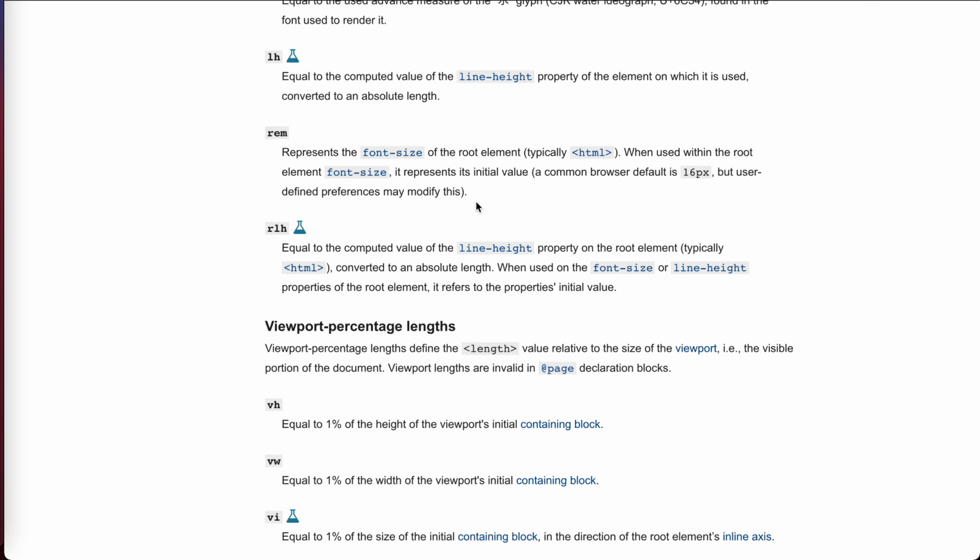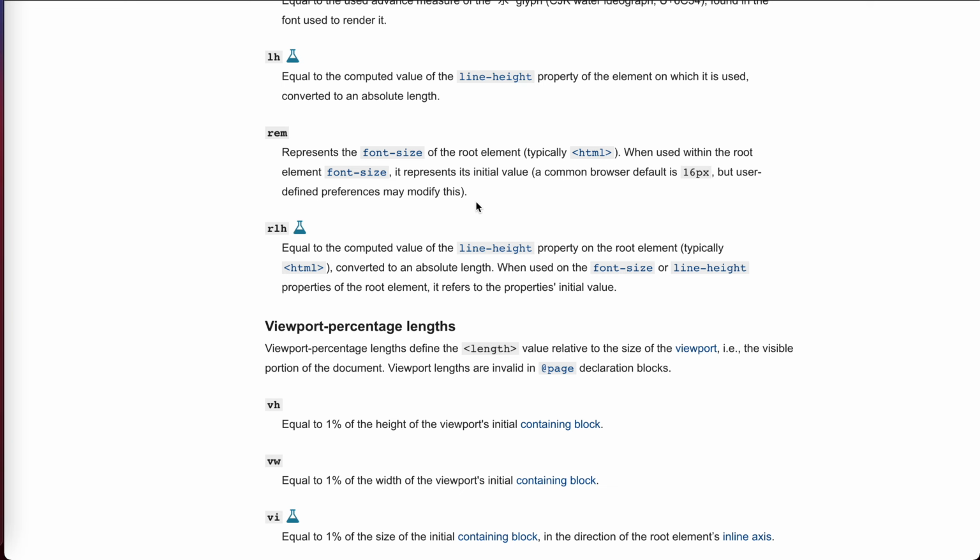It's very useful. I usually set the root font size to like 62.5%. Usually 16 pixels, so it should be 10 pixel to rem, and then I will use the rem unit to define the length, either the height or width.